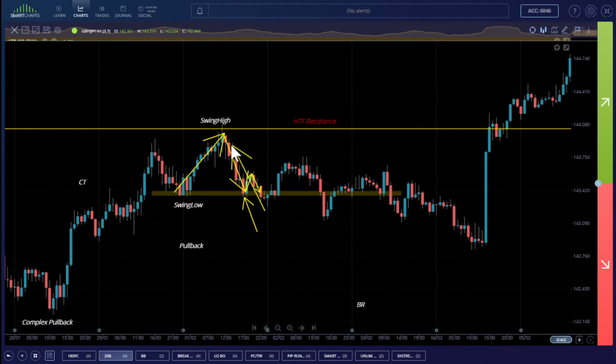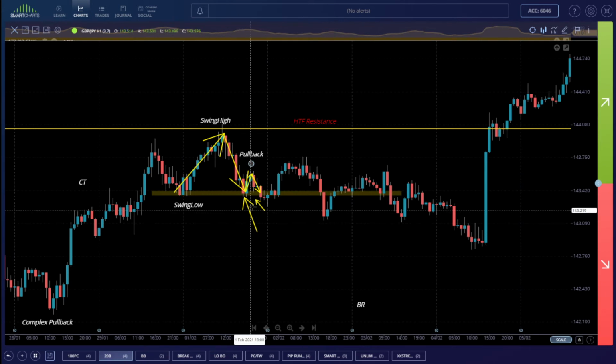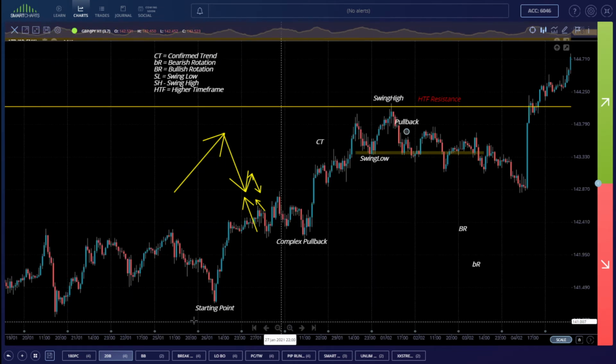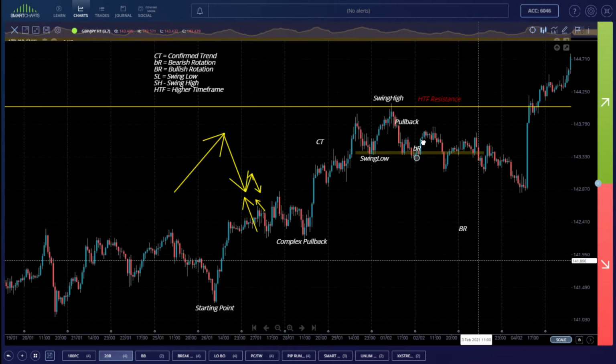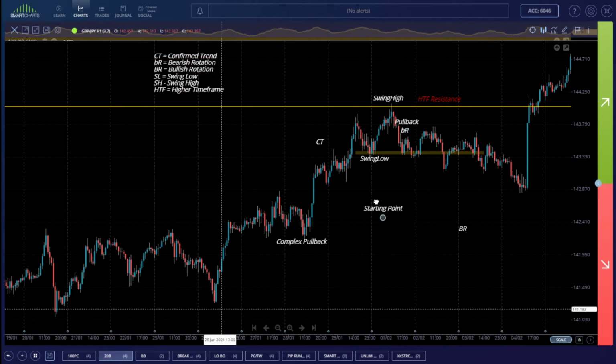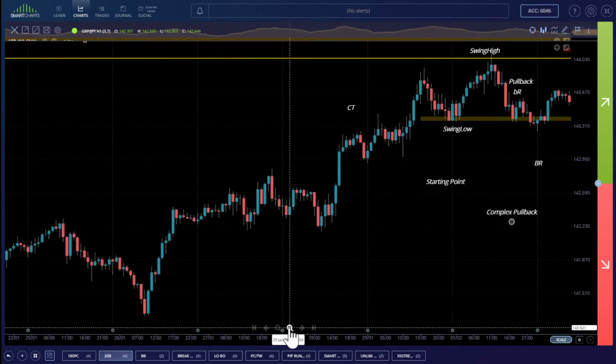So until it broke that, this leg was just a regular pullback. But now that it closed lower, this is now a bearish rotation. So let's just grab this guy, put him up there. I'll zoom in.